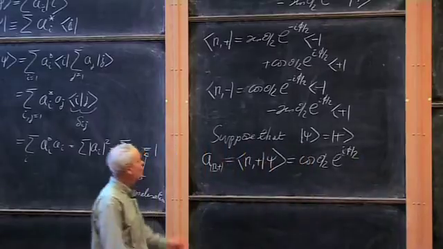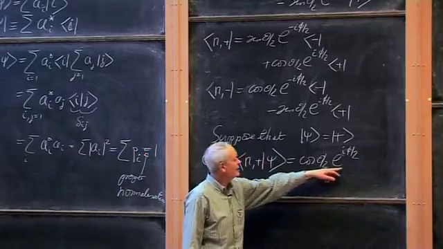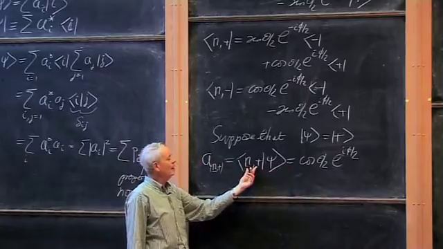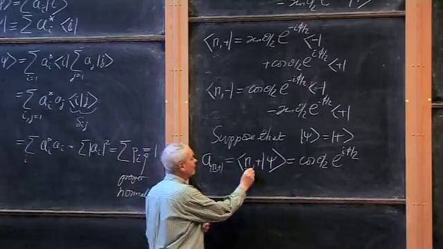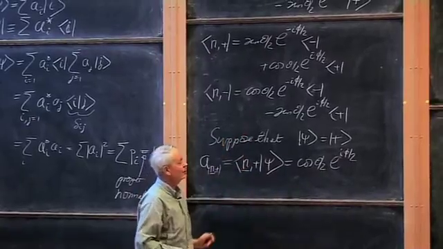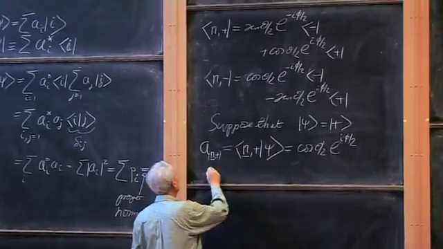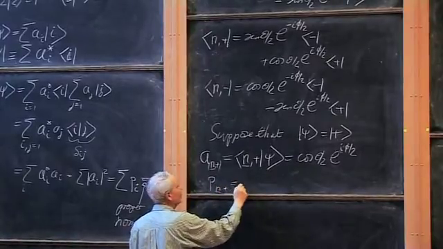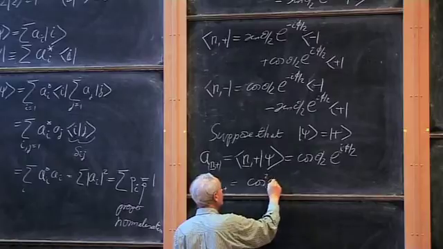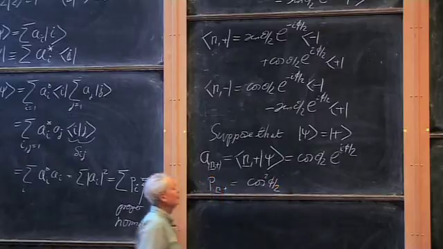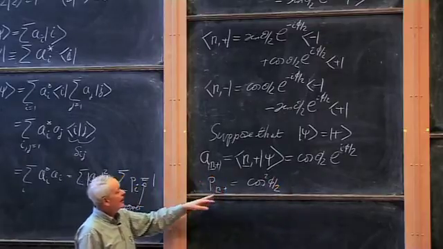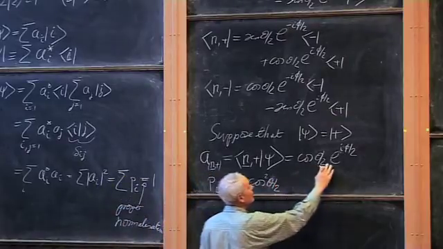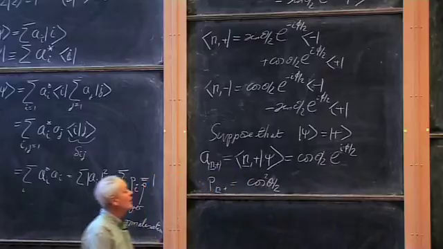That's the amplitude to measure that the spin is along the vector n, where theta and phi are the angles which define n, which means that the probability of measuring plus on n is simply cos squared theta over 2, right? Because the phase goes away when we take the mod square.